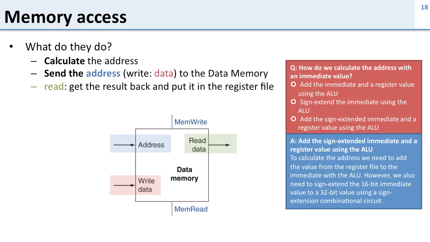So what we need to do here is sign extend the value somewhere else and then use the ALU to do the add. The reason for this is we can't use the ALU for both the add and the sign extension. We need to have some extra logic. And so what we need is this bit over here, a sign extension logic, which takes in a 16-bit constant and sign extends it to 32 bits. Then we can use the ALU to do the final add.